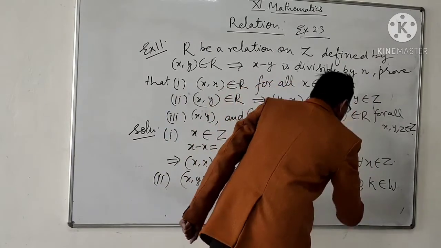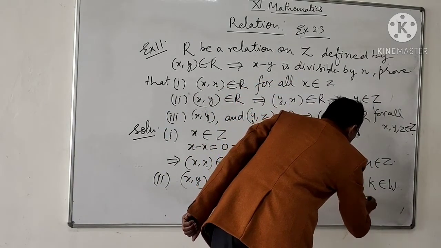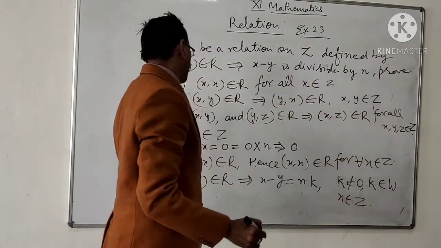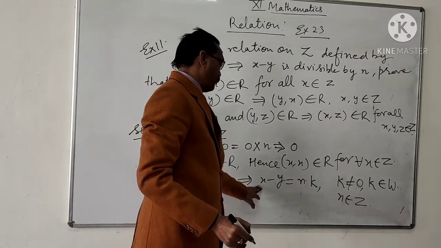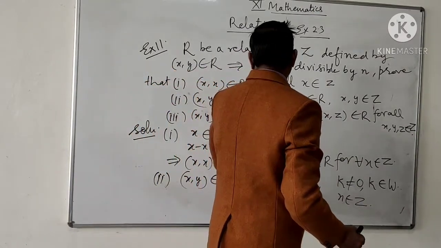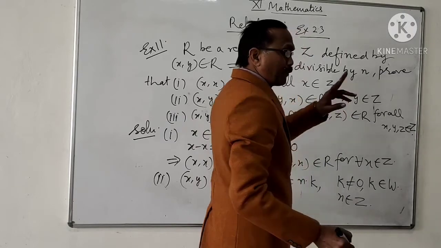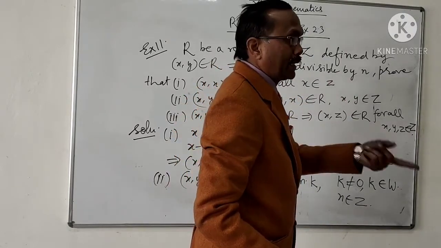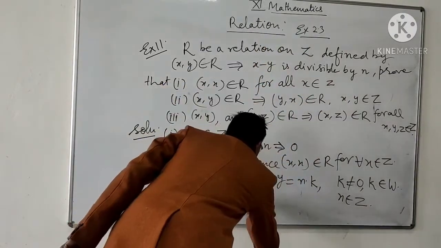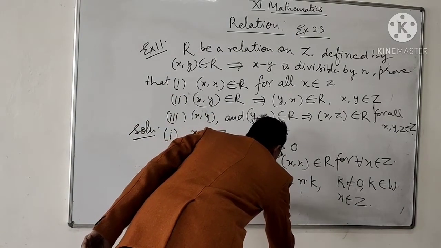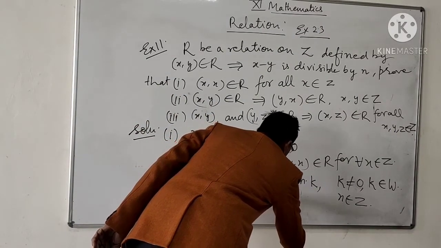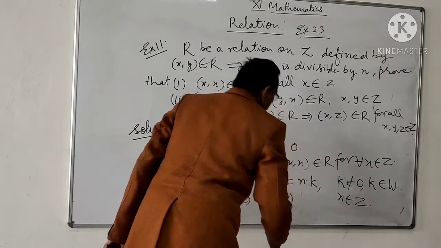Here n is an integer belongs to Z. So if x and y both are integers, then the difference of two integers will be an integer. If we take the minus sign common, we write x minus y as minus of y minus x.